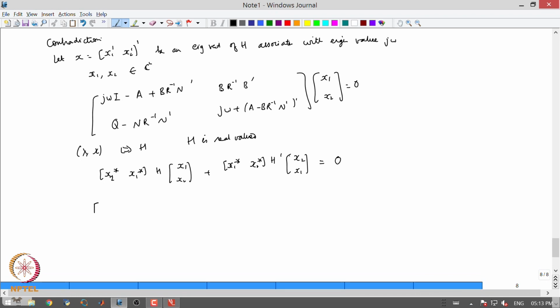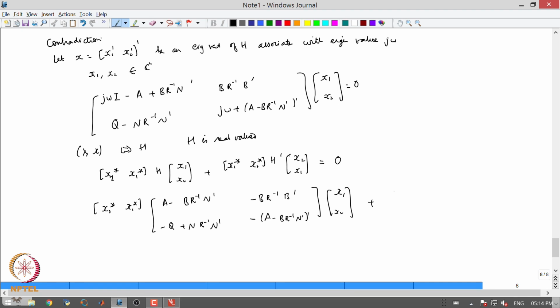I have the following. I have [x2 star, x1 star] times the matrix with entries A minus B R inverse n prime, minus B R inverse B prime, minus Q plus n R inverse n prime, and minus (A minus B R inverse n prime) prime, times [x1; x2], plus again [x1 star, x2 star] times H transpose times [x2; x1].